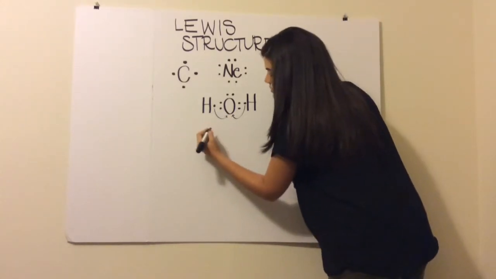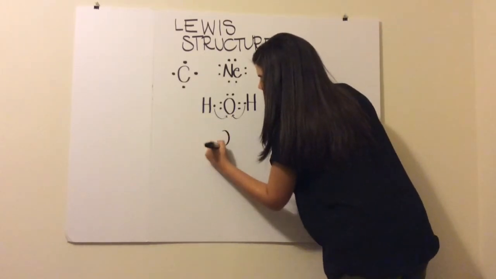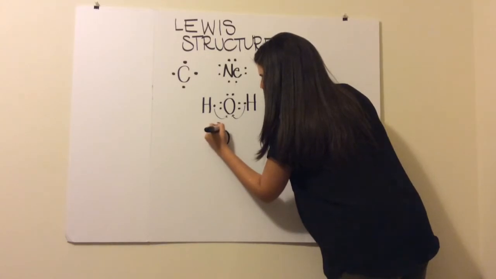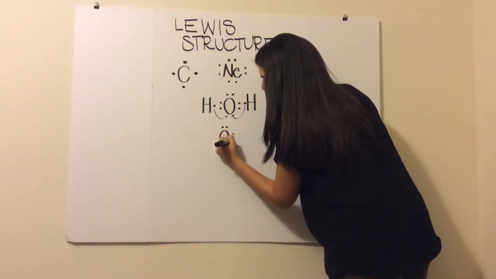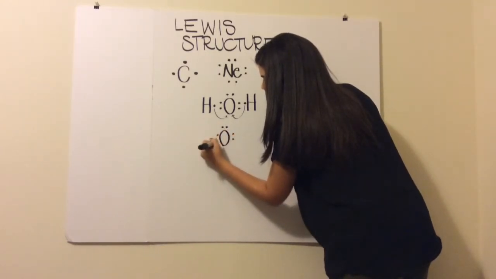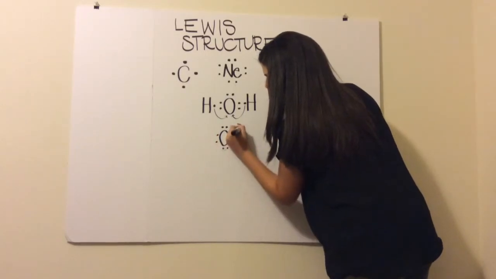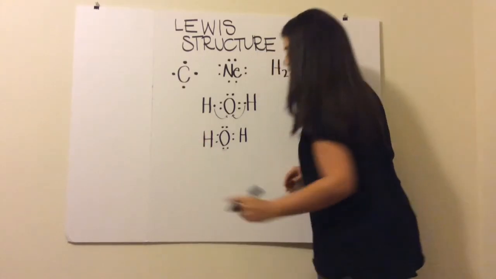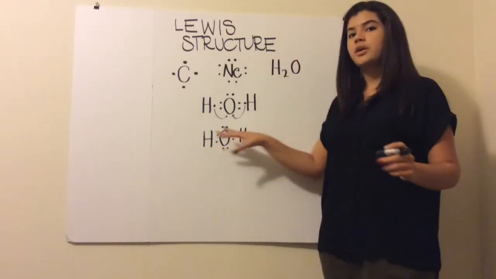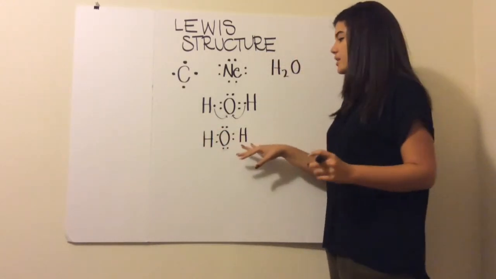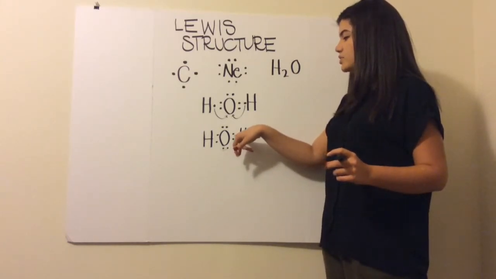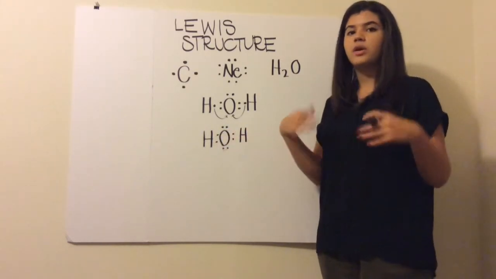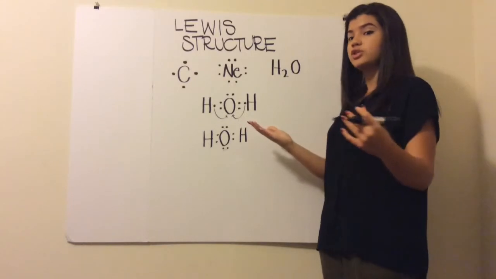And when we do that, these are all sharing the electrons. And we can't just leave 2 dots in the middle. We aren't completed with our Lewis structure yet.